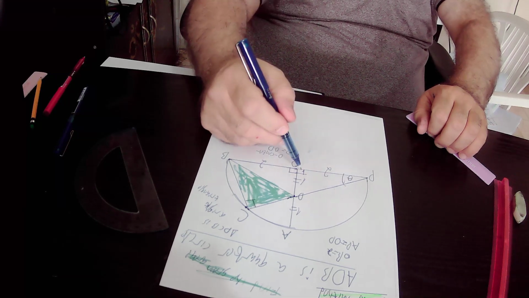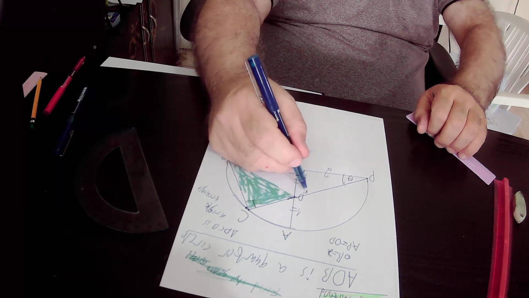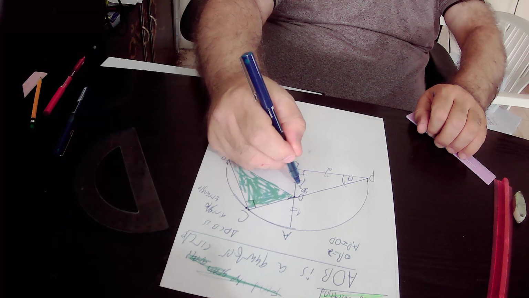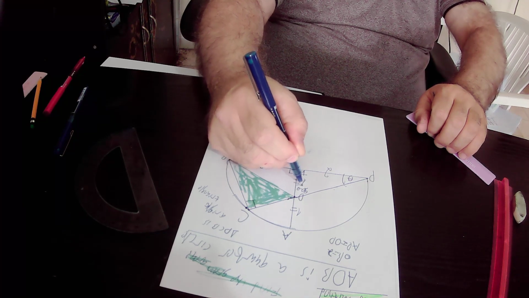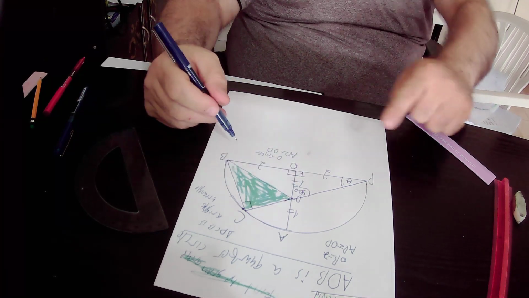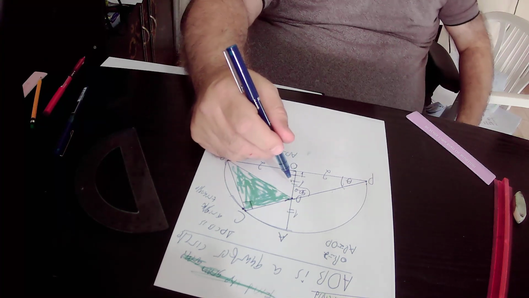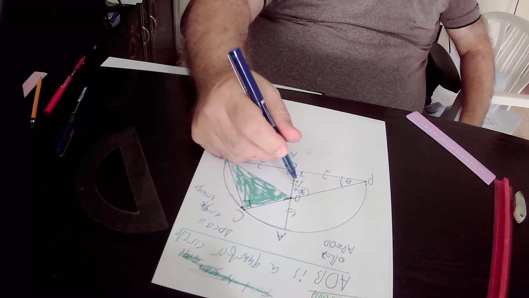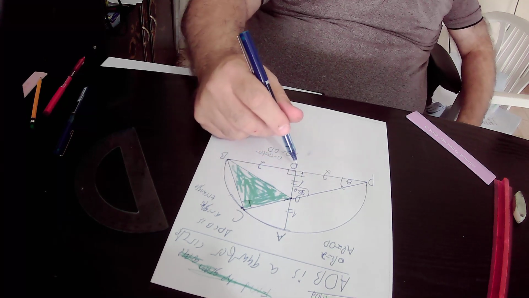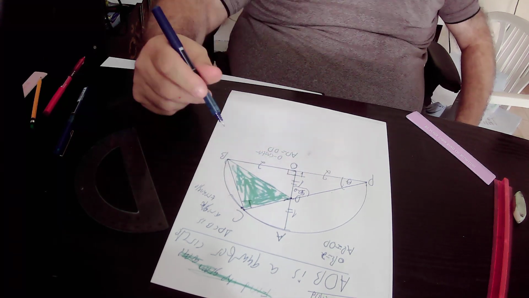This angle equals 90 degrees, therefore the missing third angle must be equal to 90 degrees minus theta. In order to complete the sum of the angles in this right triangle DOP to 180 degrees, this angle must be equal to 90 degrees minus theta, because 90 degrees minus theta plus theta is 90 degrees, and 90 degrees plus 90 degrees is 180 degrees.